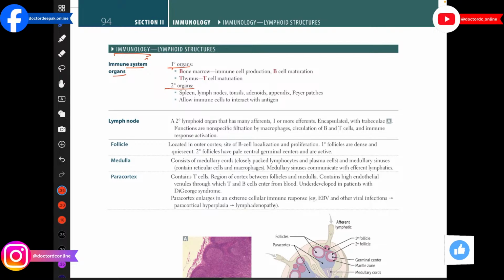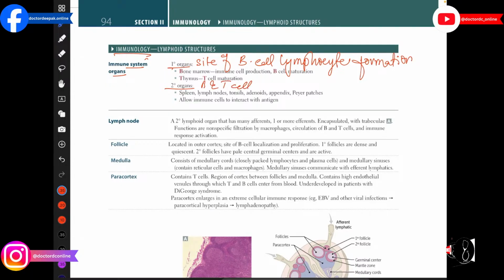The primary is the site of B-cell lymphocyte formation, and the secondary organs are where the T cells proliferate. In the primary organs, we include the bone marrow and the thymus.